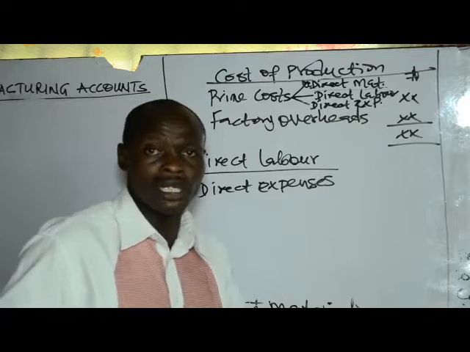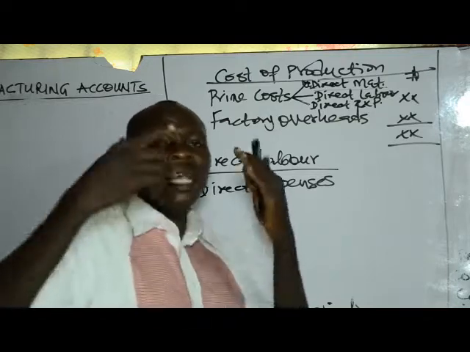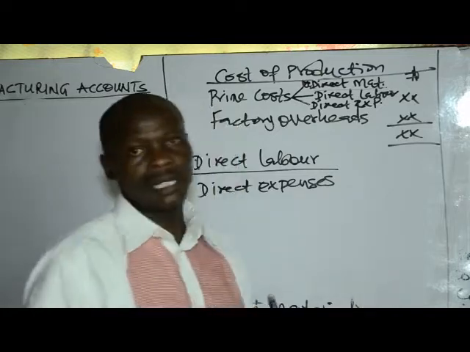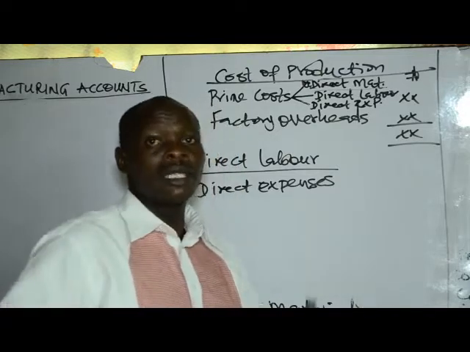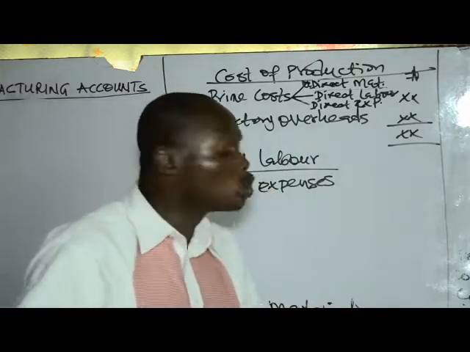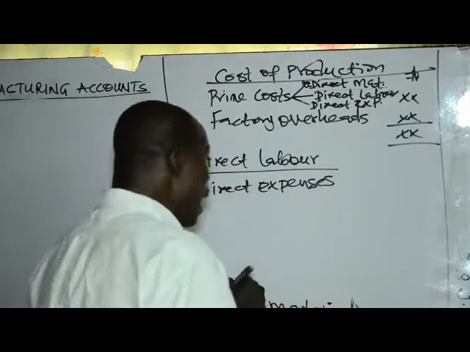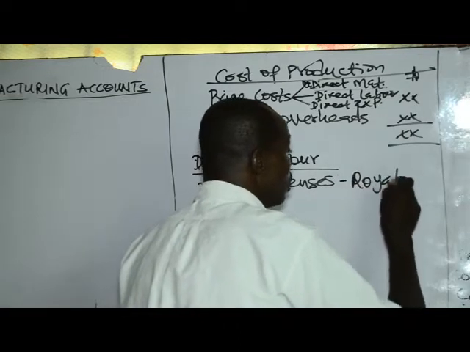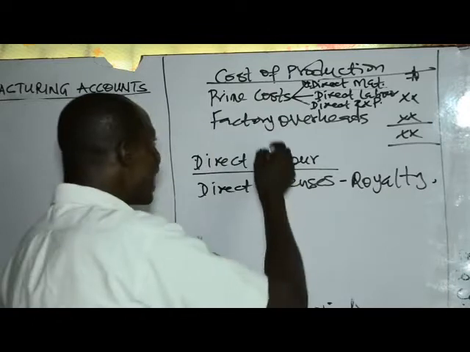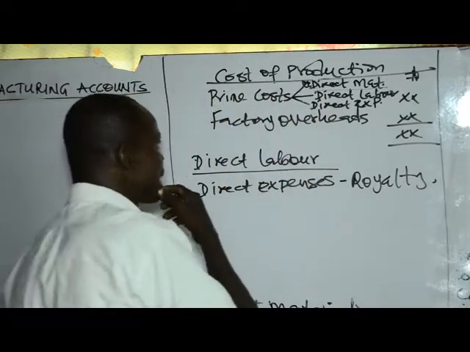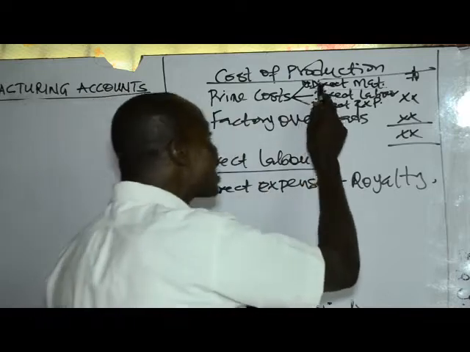Those expenses that can be traced directly to production are said to be the direct expenses. An example of direct expenses is royalty.